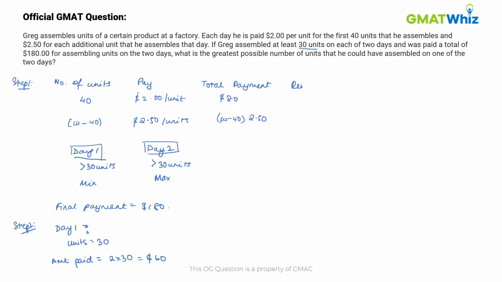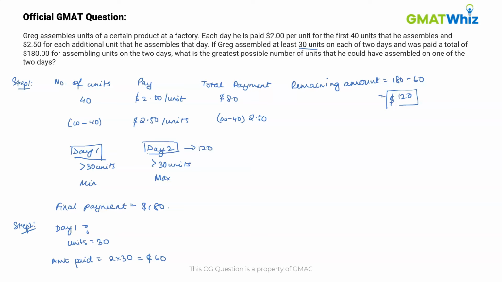So the remaining amount out of the 180 that was paid to him is equal to 180 minus $60, which is $120. So this amount of $120 was paid to Greg on the second day.